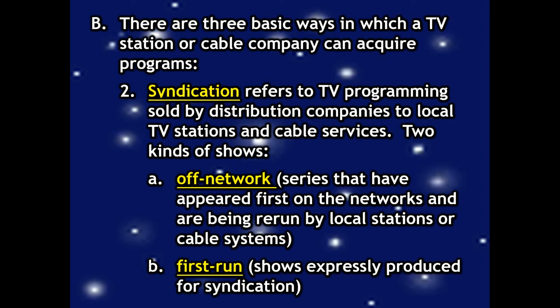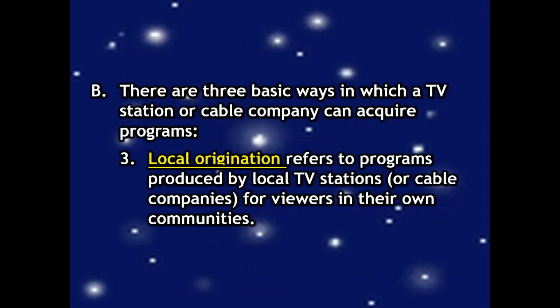These are series that have appeared first on the broadcast networks and are now being rerun by local stations or by cable systems. And the second would be what's called first-run shows. These are shows that are expressly produced for syndication that had not aired previously. So when they show up in syndication, it is the first time that they've ever been seen on television.